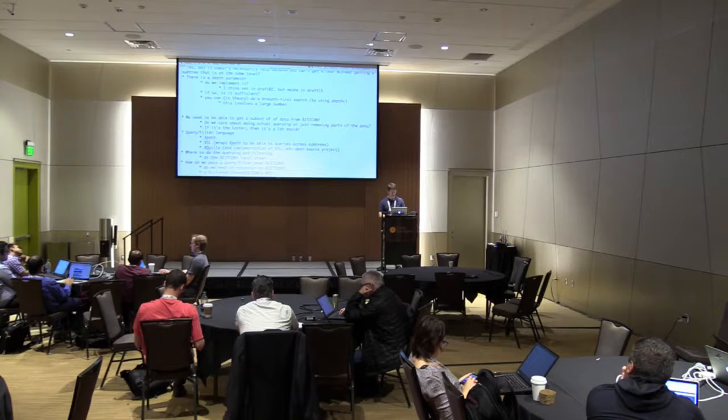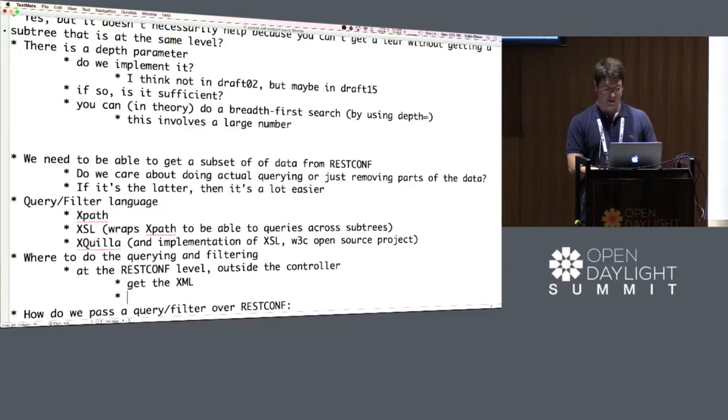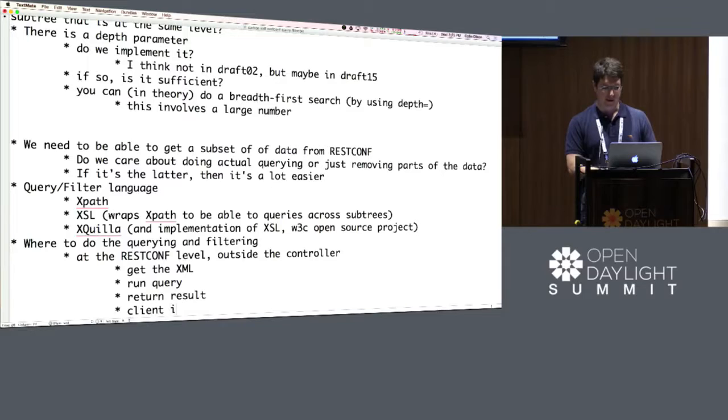That's sort of what I was trying to get at here. So basically, outside the controller, you could get the XML, run the query, return the result, and then the client is protected from gobs and gobs of data.